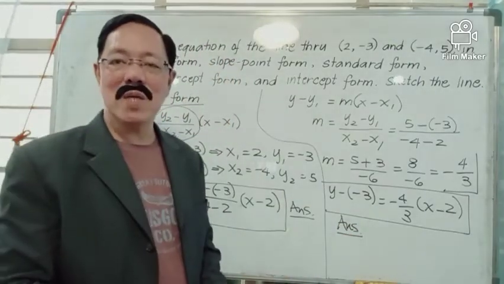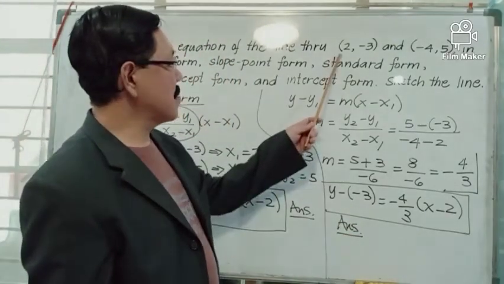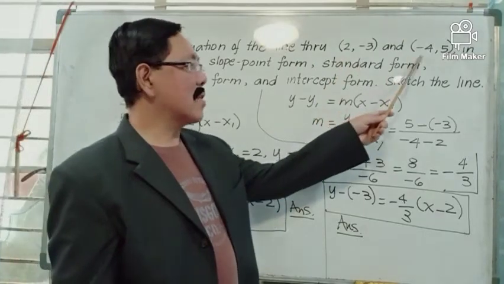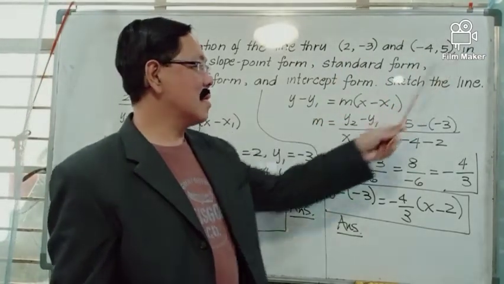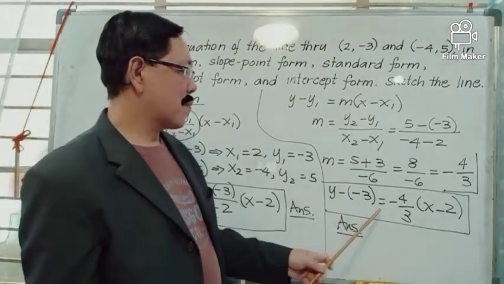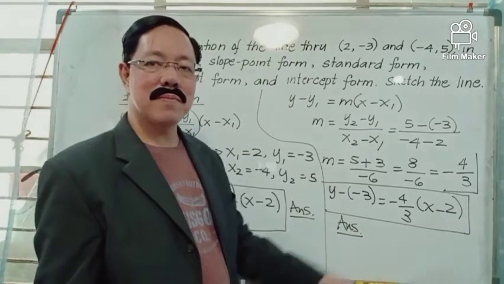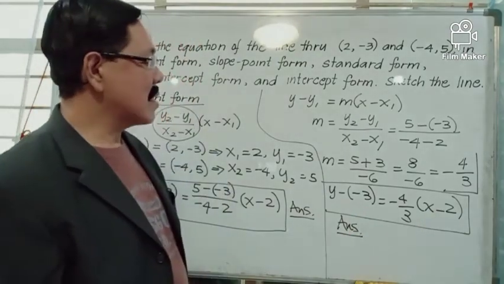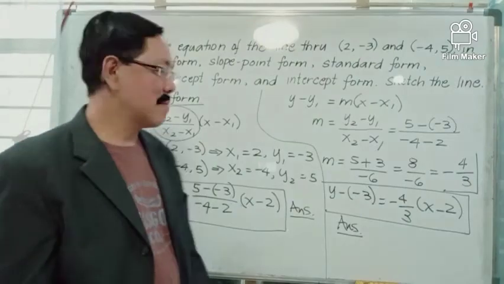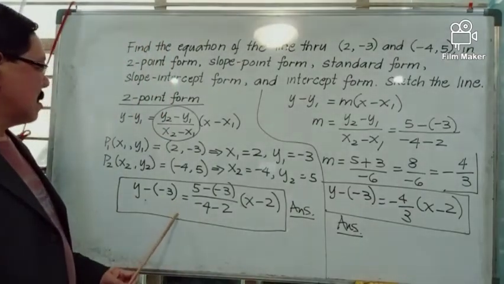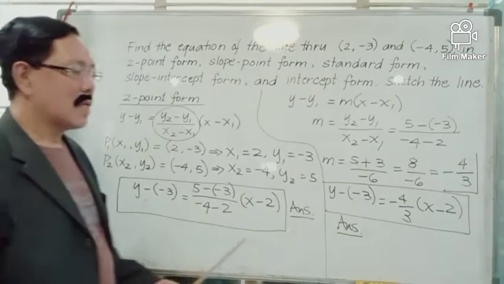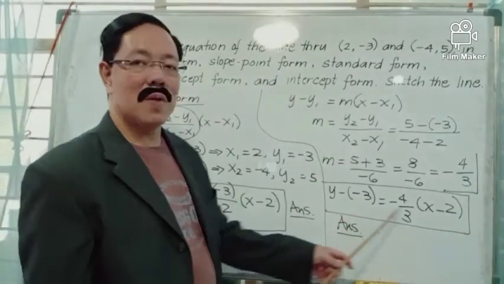That's the equation of the line through the points (2, -3) and (-4, 5) in slope-point form. So we have written the equation of the line in 2-point form and slope-point form.